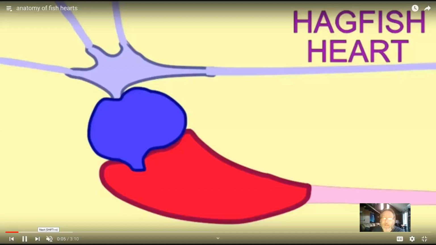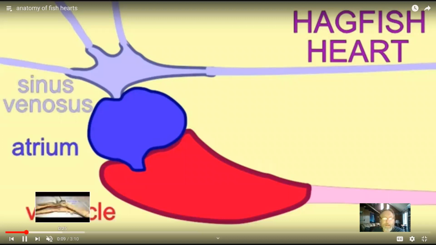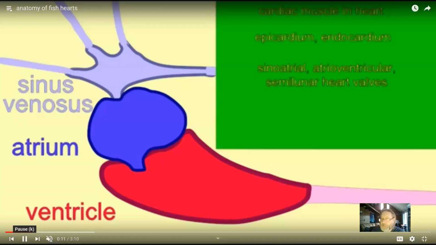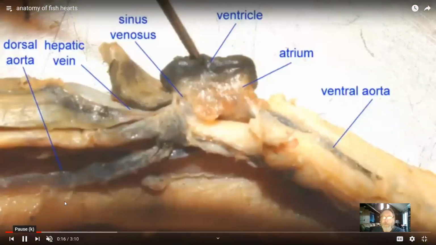So before we get to the fish with lungs and the tetrapods, just a quick recap that fish have hearts, and we see many of the same structures. But if you were to look at the heart of a hagfish here, there's a sinus venosus, an atrium, a ventricle.